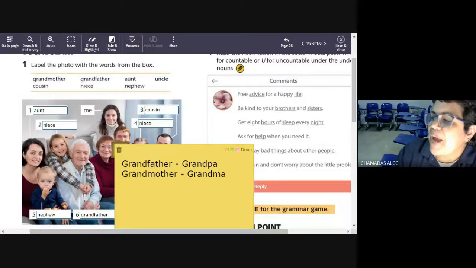So we can say grandpa or grandma. Okay? Grandpa or grandma. We do not pronounce the D. So we say grandpa, or grandma. Okay? There is also another way. It's even shorter.